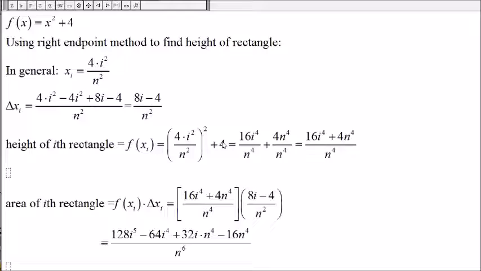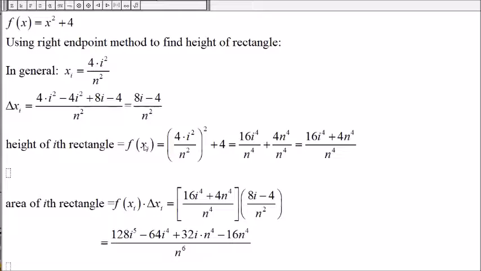And now let's get a common denominator, so multiply 4 by n to the 4th divided by n to the 4th. Now we have a common denominator of n to the 4th. So the top would just be 16i to the 4th plus 4n to the 4th. So this is the height of the ith rectangle using the right endpoint method.